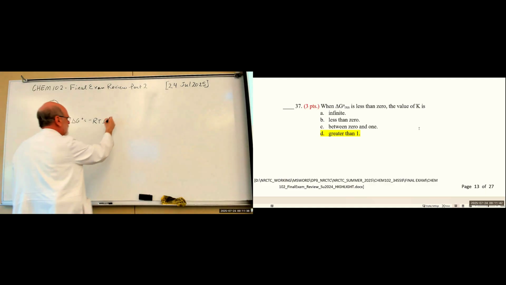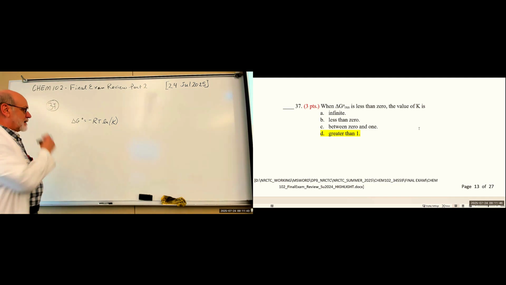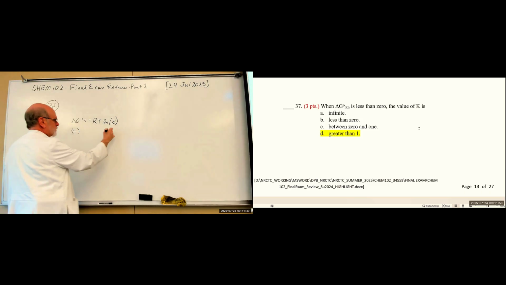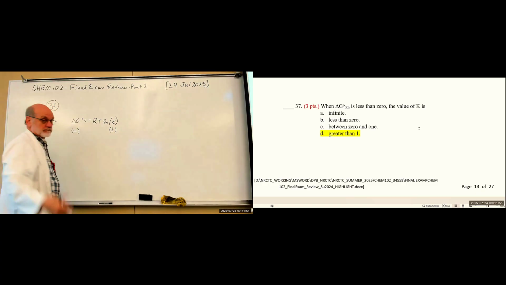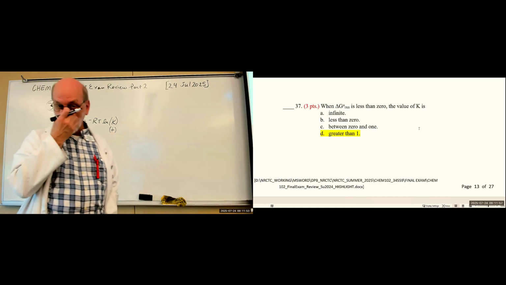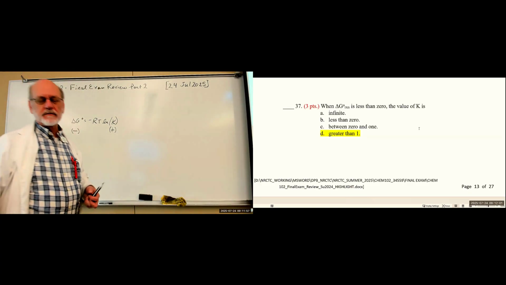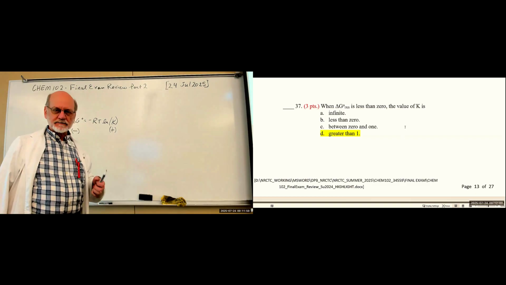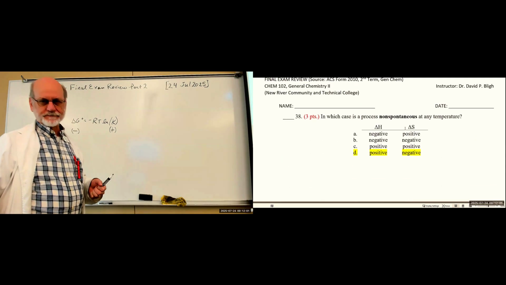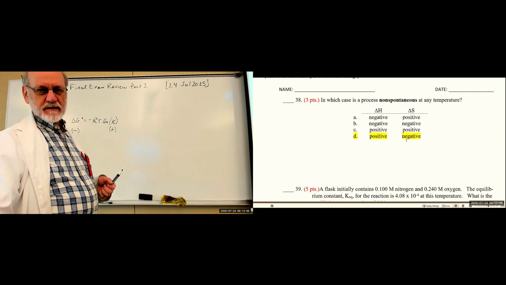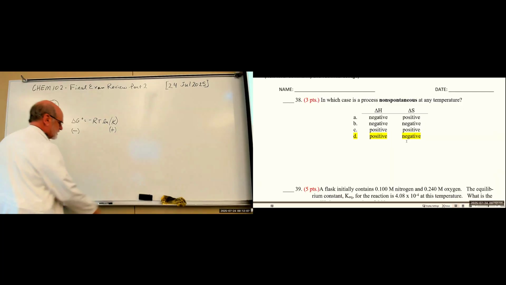Yes, natural log of K. So if this is negative, what would keep this one negative on that side? This would have to be positive. Right? It's that simple. Greater than 1. In other words, it's positive.